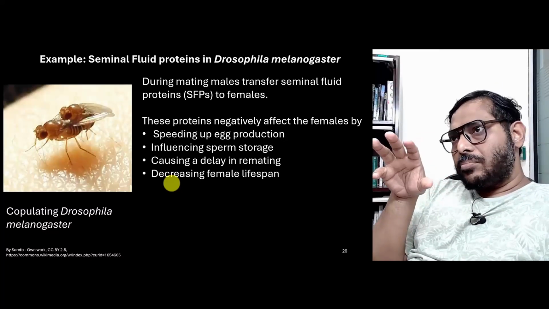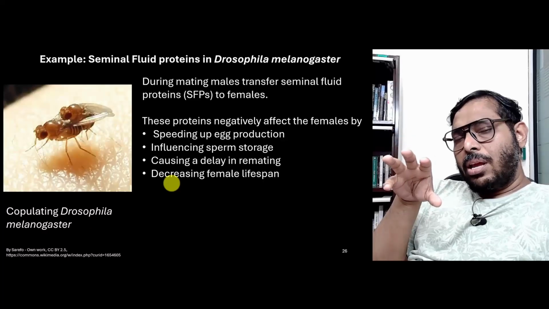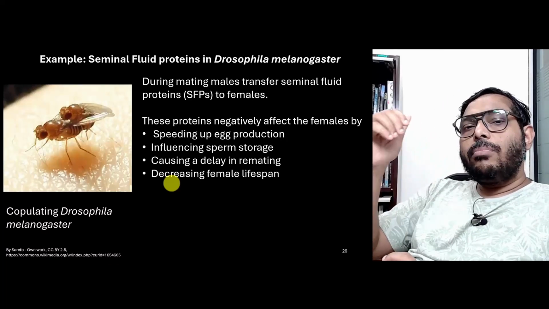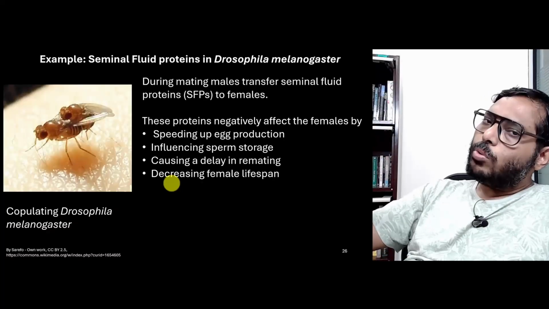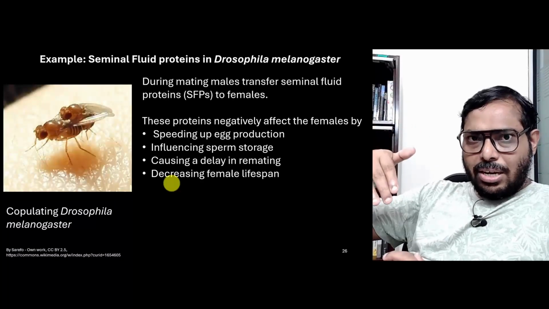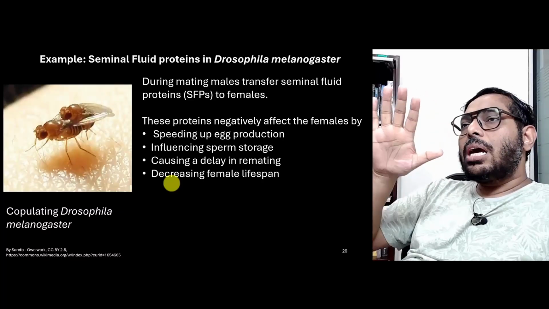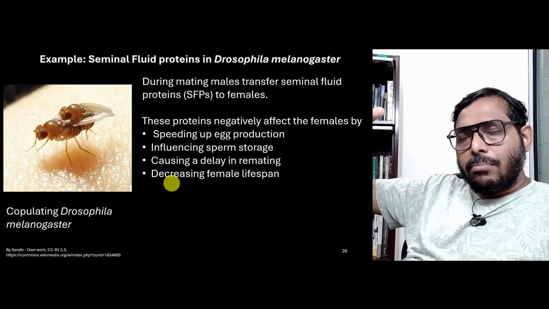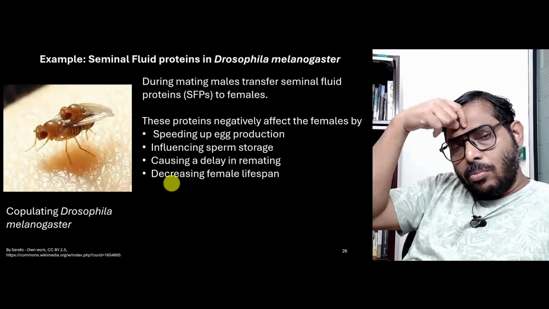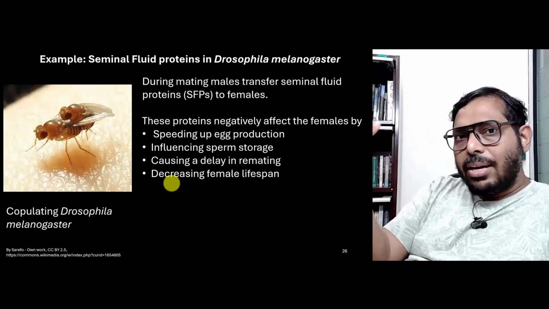Remember, the Drosophila female mates with multiple males, right. So, the more males the Drosophila female is going to mate with, and the longer she stores the sperm inside her, the chance that some other male's sperm is going to fertilize the egg increases.